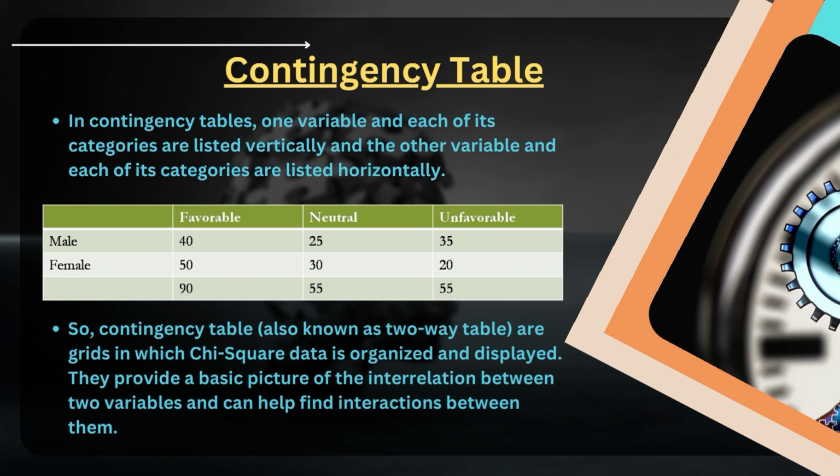Such tables provide a basic picture of the interrelation between two variables and can help find interactions between them. So this is most important in the computation of chi-square. We make a contingency table for our ease while calculating the chi-square value.